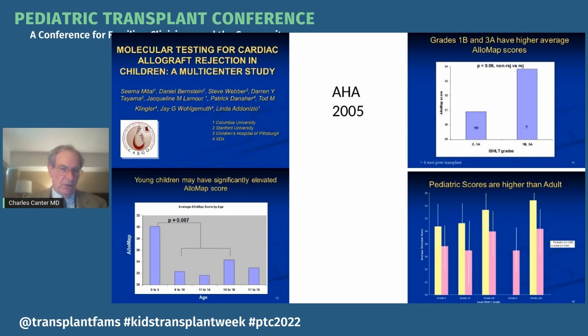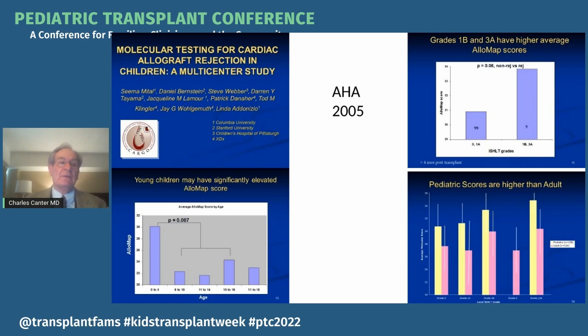So why isn't it used in children? Well, the reason is that there was a study done back in 2006. That was the pediatric component of the CARGO study. And these are slides from the American Heart Association presentation at that time of using the AlloMap study in children.